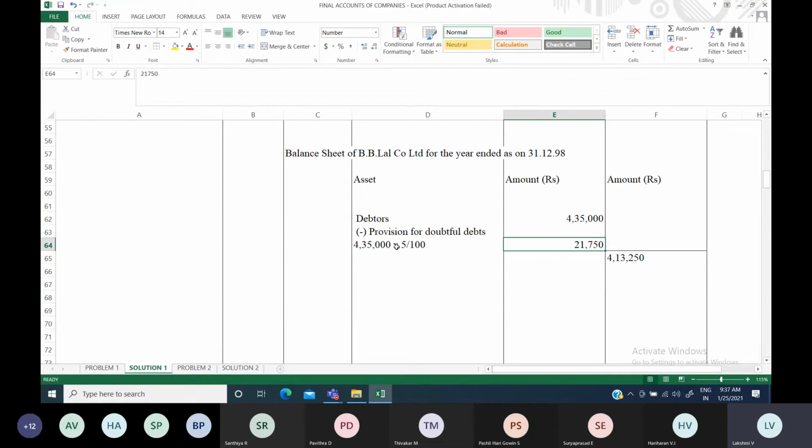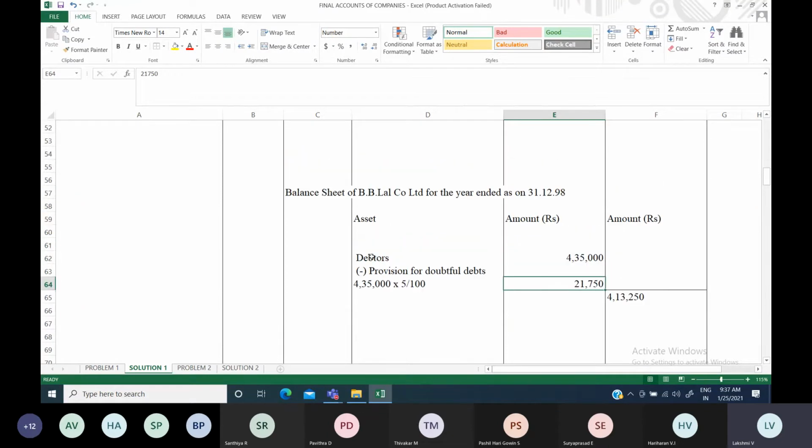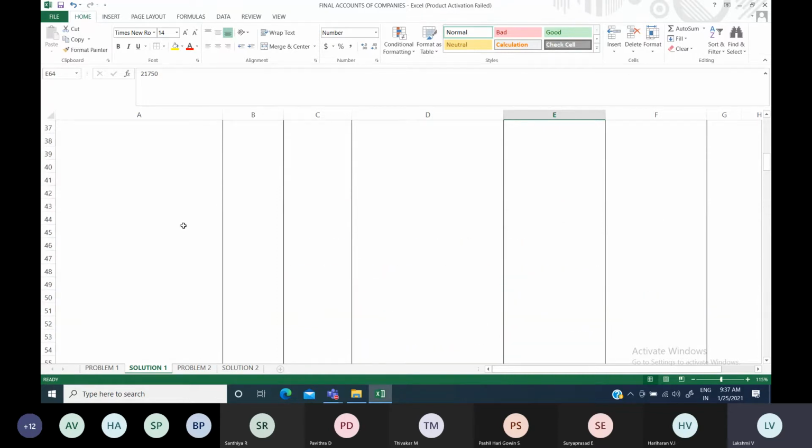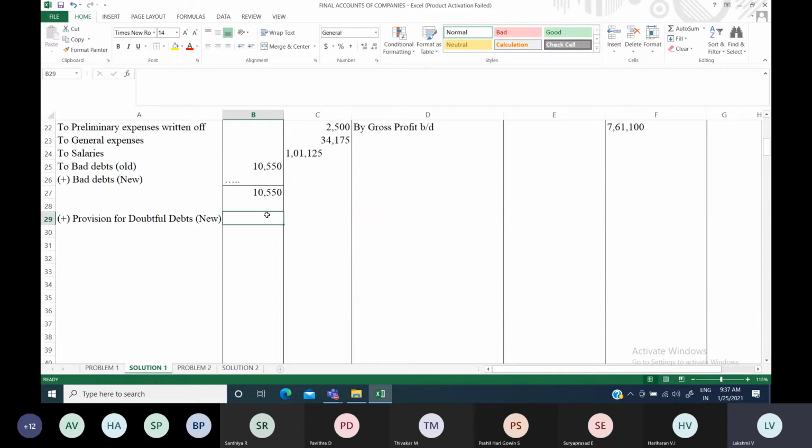So this amount only we have to take to the profit and loss account, so that is why we first prepared the balance sheet and found out the amount. So 21,750 you have to enter here. Now next, you have to add these together and then we can move further. I had two things, 10,550 and 21,750.